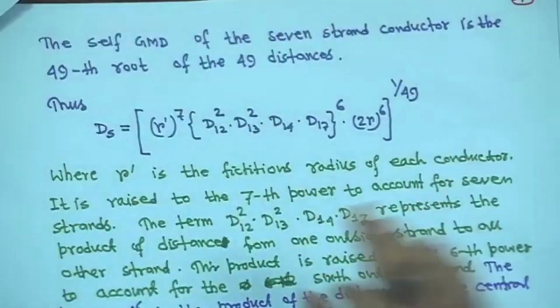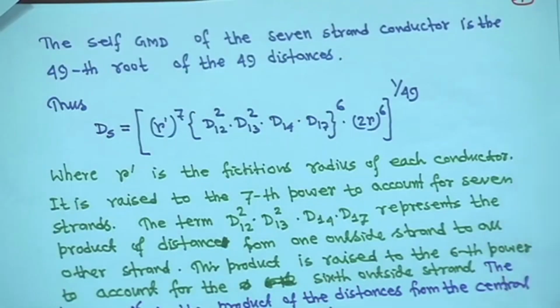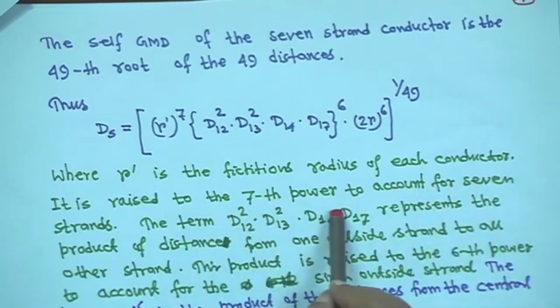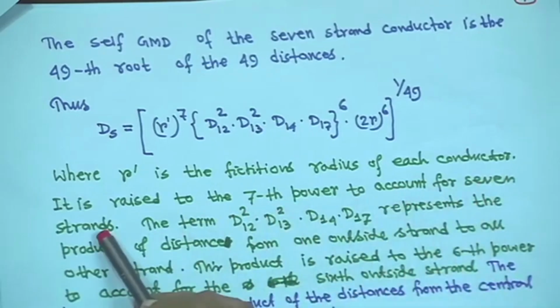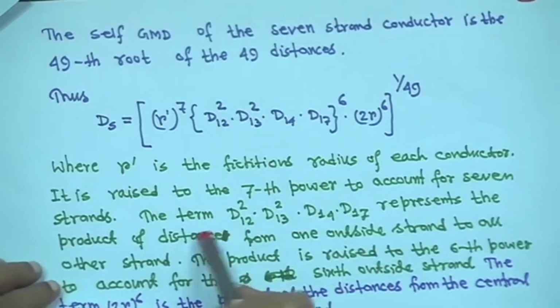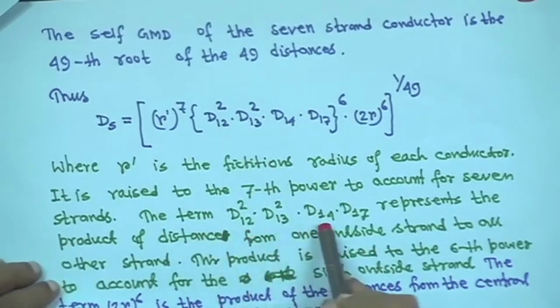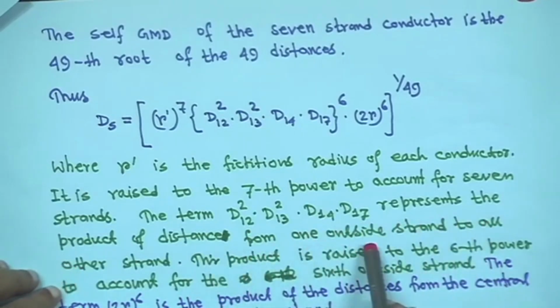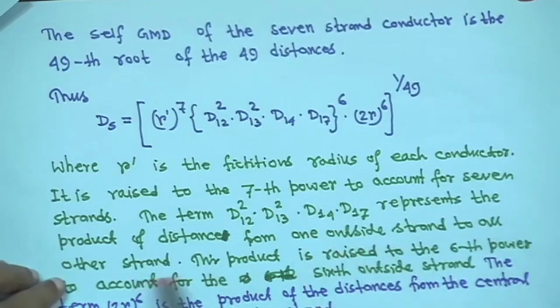Now I am writing for you that r dash is the fictitious radius of each conductor. It is raised to the 7th power to account for 7 strands. Then I explained the term d12 square, d13 square, d14 and d17 represent the product of distances from the outside strand to all other strands.